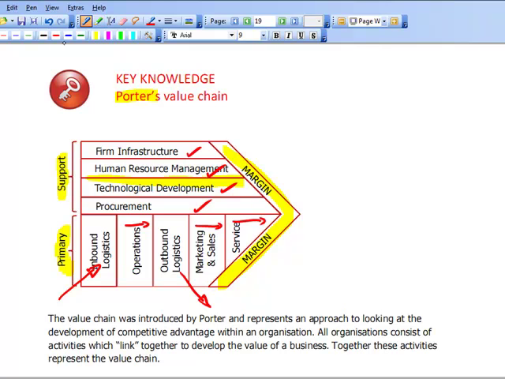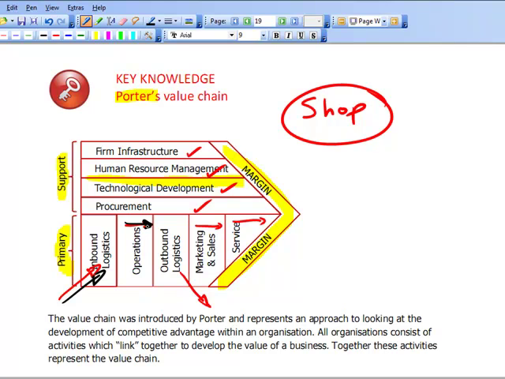Let's think of a couple of examples, looking at the primary activities to start with. What about a shop or a supermarket? The inbound logistics, the first stage for the shop, would be getting the goods that are going to be sold into the shop.